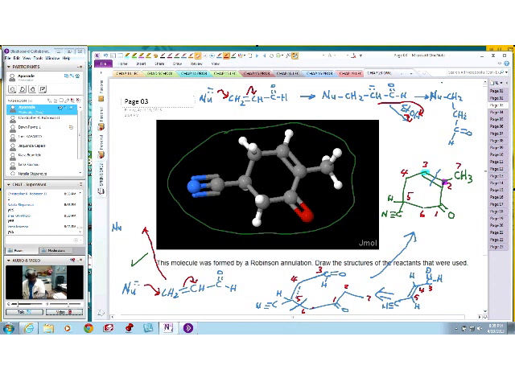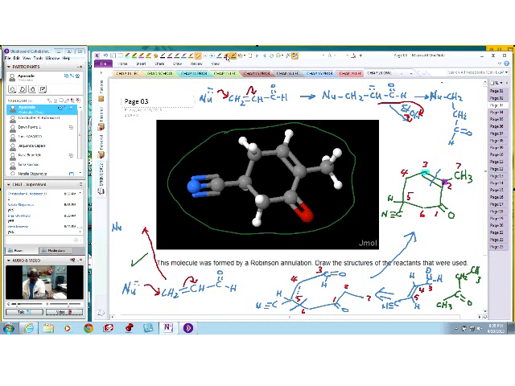Now, since we clipped this, carbon number 6 now becomes a CH3, and that is attached to carbon number 1, which is attached to carbon number 2, which is attached to carbon number 7.